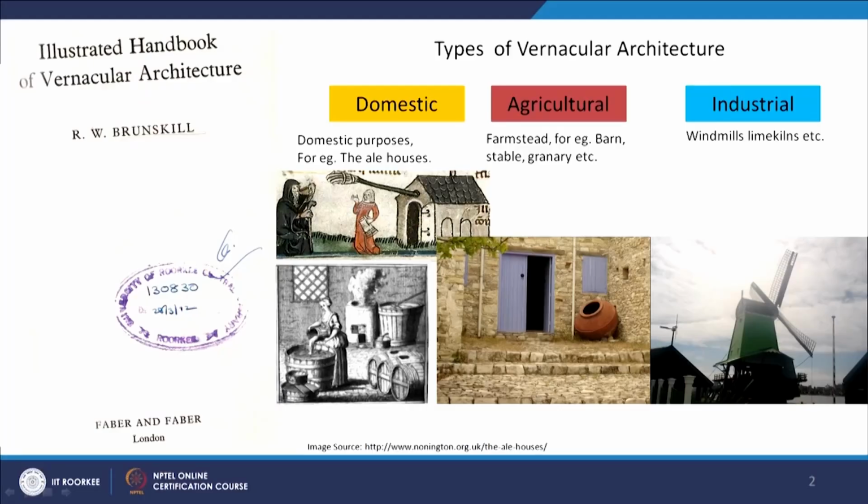The second category refers to the agricultural. For instance, the farmsteads which are associated with farm buildings. There is a difference between the farmhouse and these associated buildings, such as the barn, the stable, and the granary.